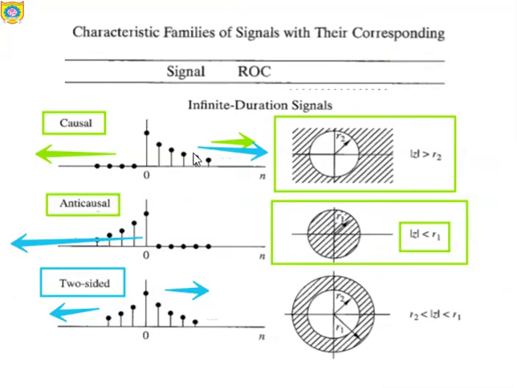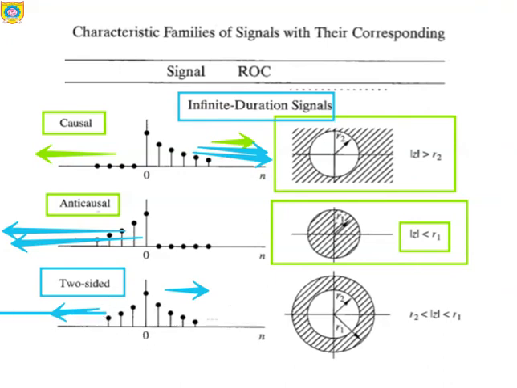For causal, it is infinite at the right side. For anti-causal or left sided sequences, it is infinite at the left side, since we are dealing with infinite duration signals. And for two-sided, it is infinite at the left as well as the right side.